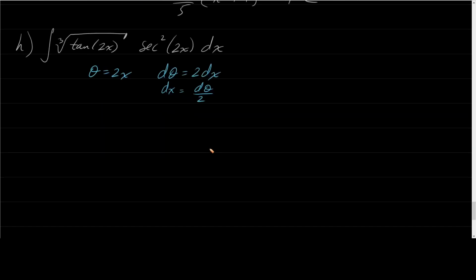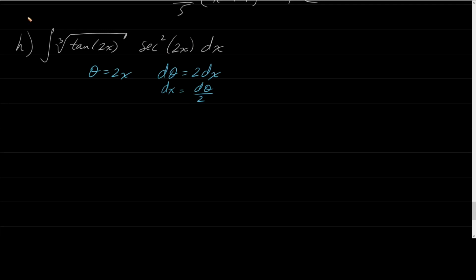Now, the reason I want to do that is because while I'm working with trig, I don't want to work with these extra values here, that 2 in there, that's awful, right? We recall identities for secant theta or secant x, but not secant of 2x. So we're gonna get away from that 2x by using this theta substitution.